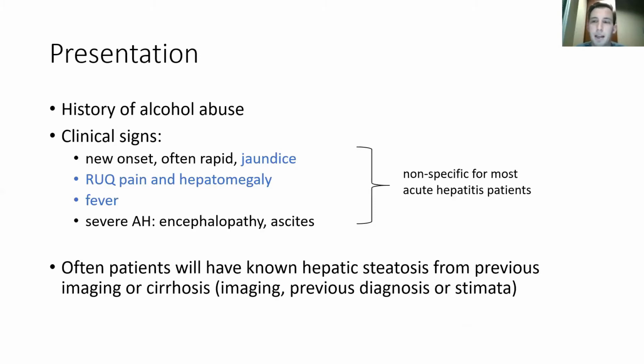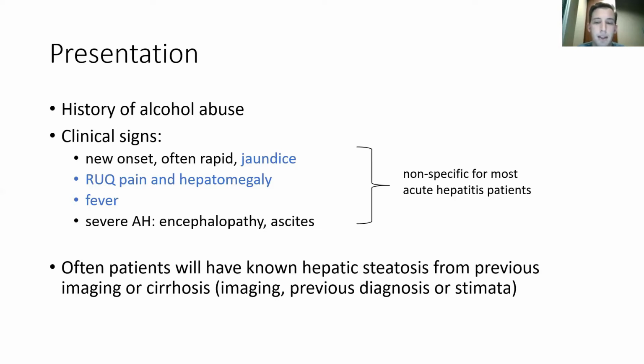Oftentimes, this won't be a super obvious presentation overall, but you have to have a high index of suspicion when you're getting labs. Also, if you see encephalopathy, ascites, or other signs of liver failure, those should be red flags that this is probably a very bad situation.